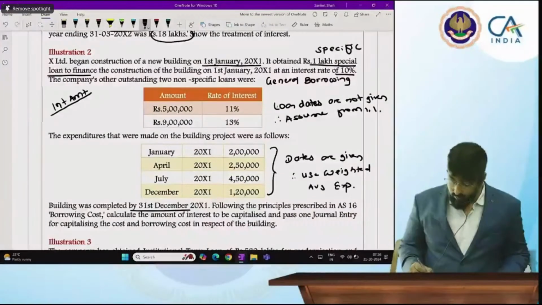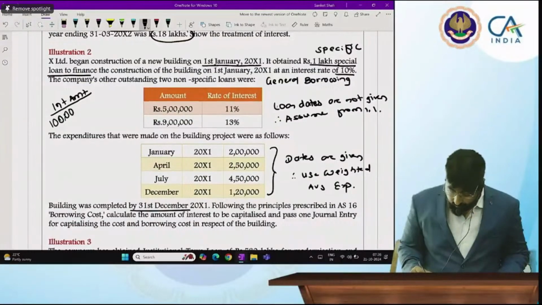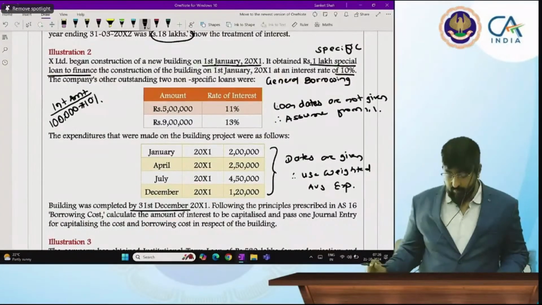Interest amount on 1 lakh at 10%. And on 5 lakh at 11%.